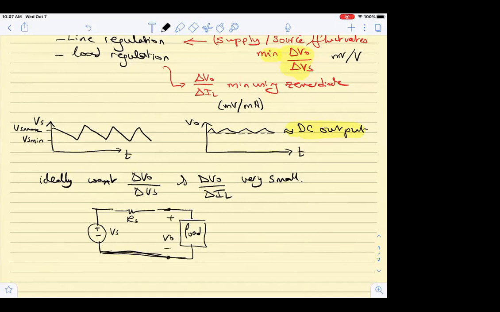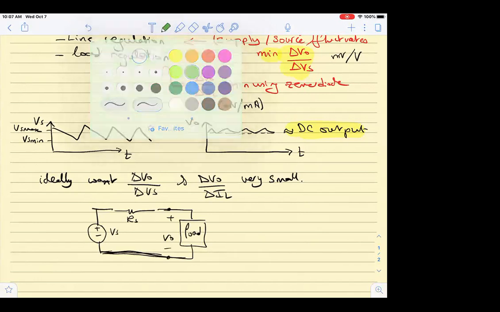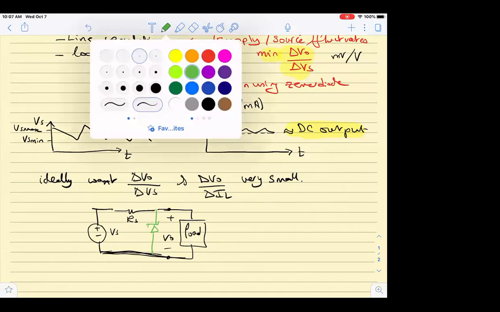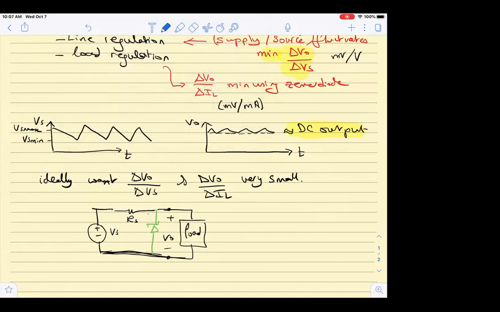In order to regulate the fluctuations of the output voltage, I will place here a Zener diode across, parallel to the load, in shunt. Practically speaking, this current here is I Zener, and this current here is I load.